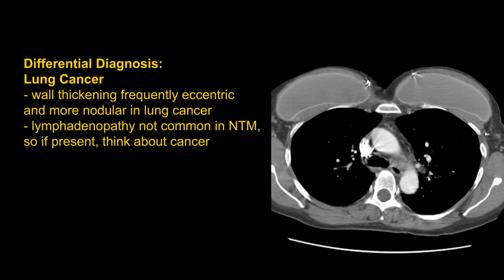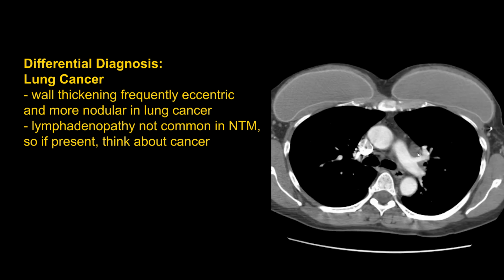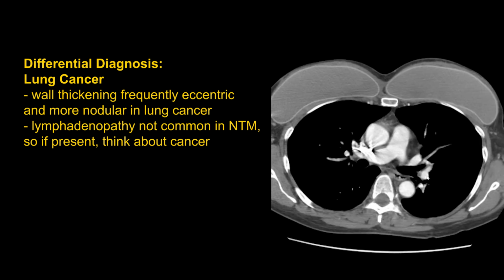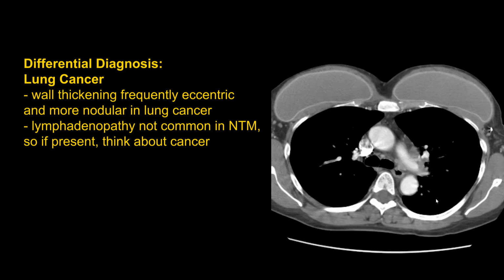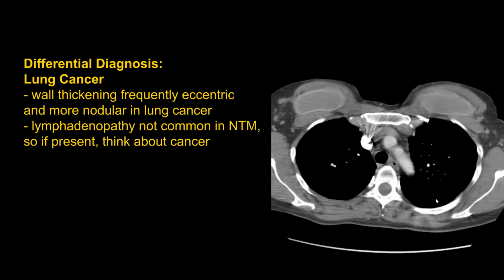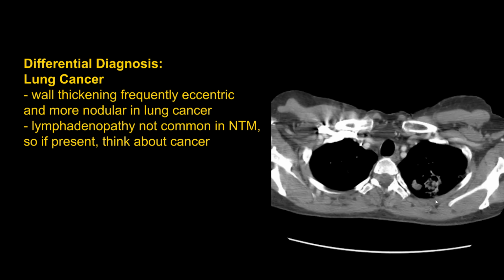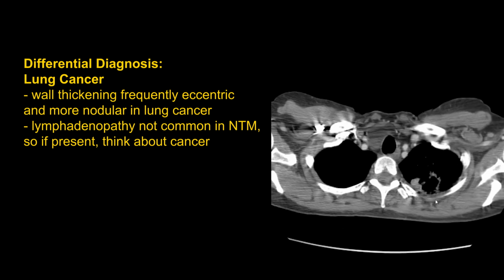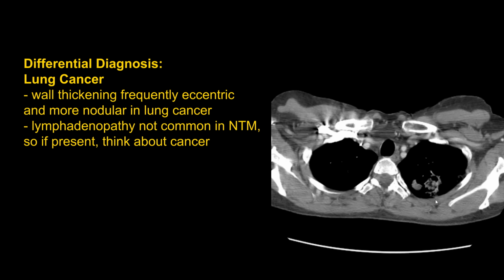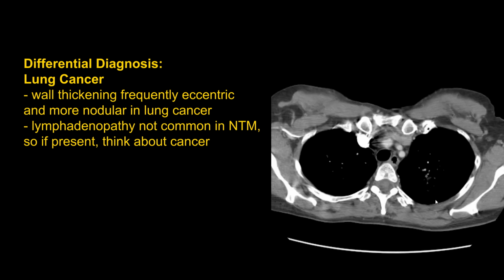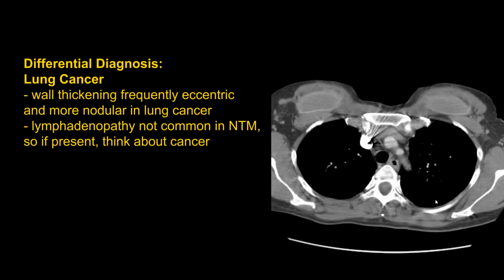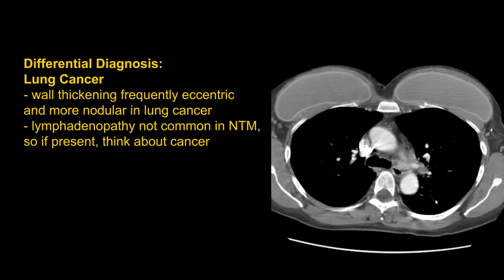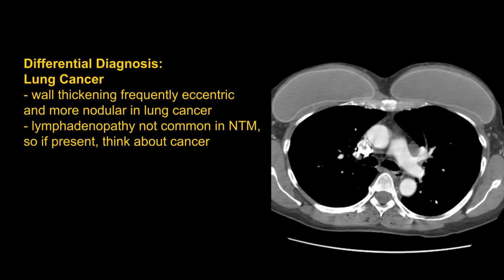The last finding on this patient is that we have enlarged lymph nodes on the ipsilateral hilum and mediastinum, and that's not something that you'll typically see in a patient with Nontuberculous Mycobacterium, even in the fibrocavitary form of the disease. So for those reasons, I would favor this to represent lung cancer over Nontuberculous Mycobacterium.